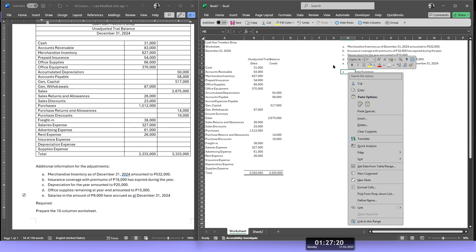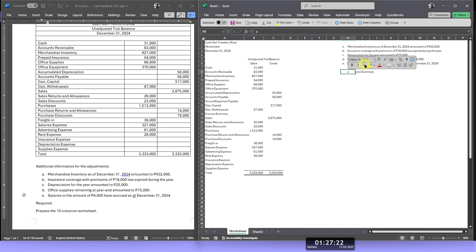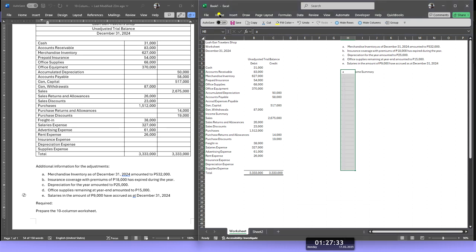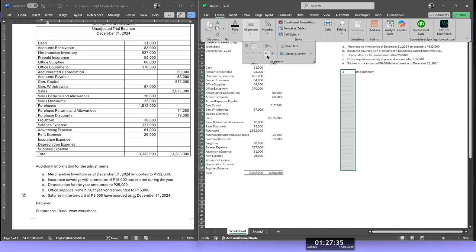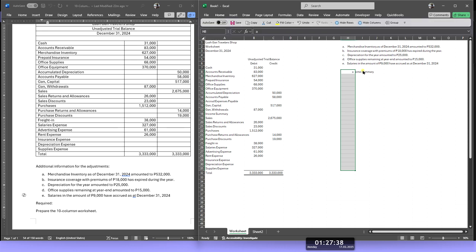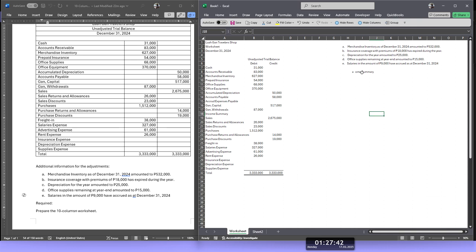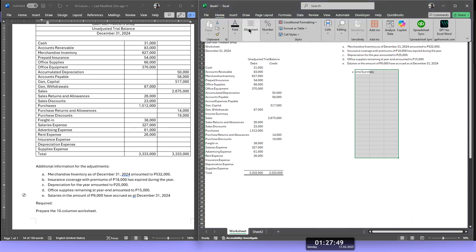Here, and then probably, oh, and it should be income summary. Let me just add some formatting here, and then this one is, oh no, sorry, should be left alignment.